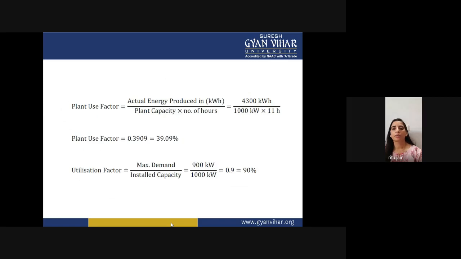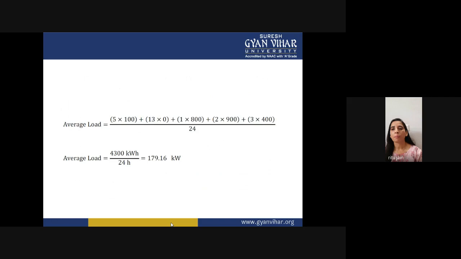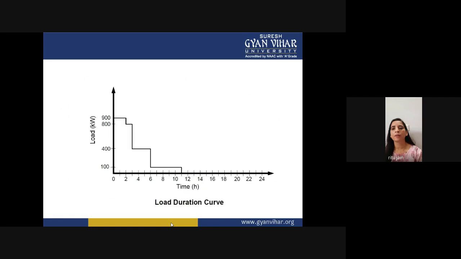Plant use factor. The formula for plant use factor is actual energy produced in kilowatt hour divided by plant capacity into number of hours. So you can calculate this from that your average load is 4300 kilowatt hour.